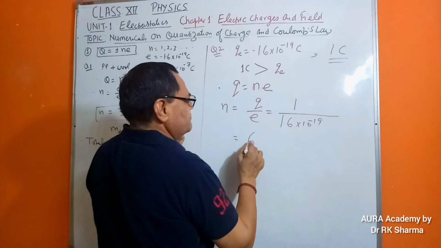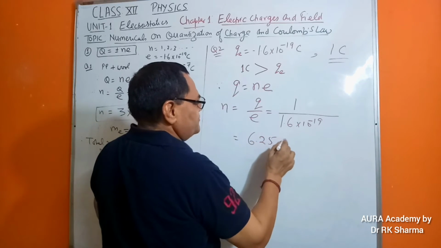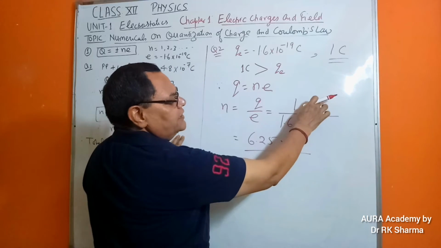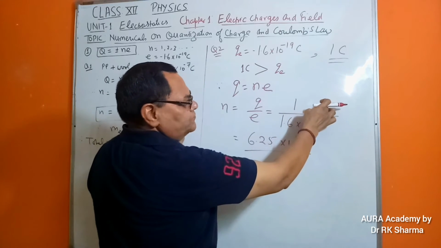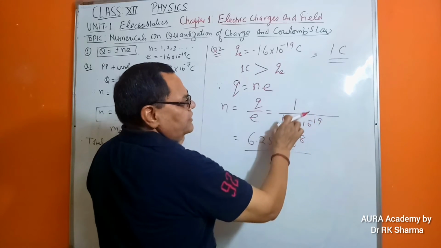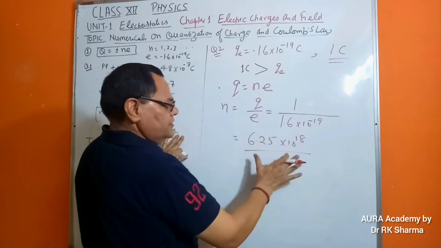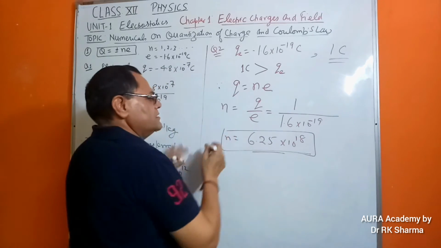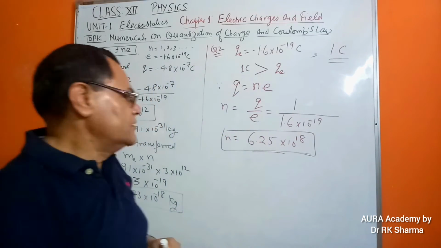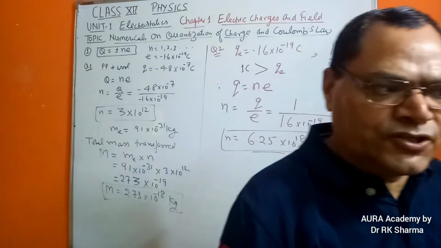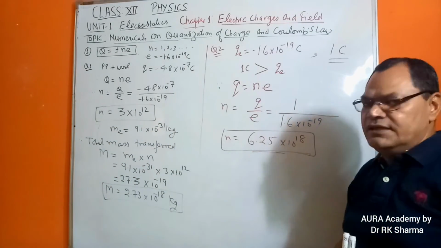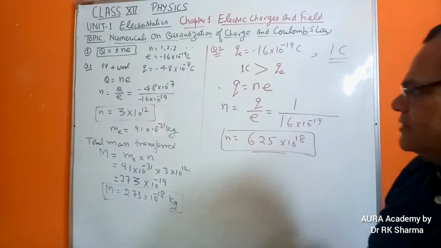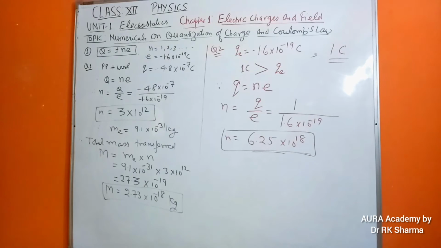When we simplify, we get 6.25 into 10 to the positive 18, because the 19 goes up. It is very easy to solve. Therefore, the number of elementary particles in 1 coulomb of charge is 6.25 into 10 to the power 18. Please note this, it is important.